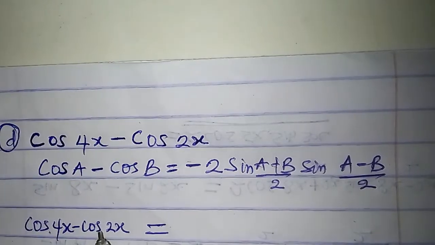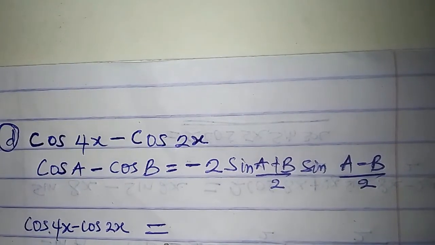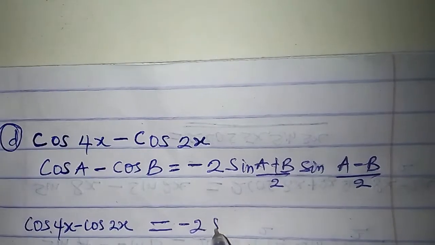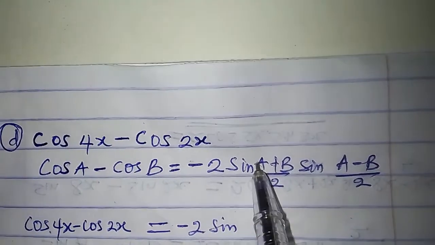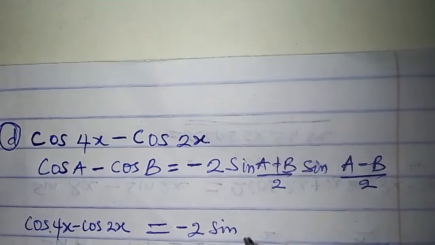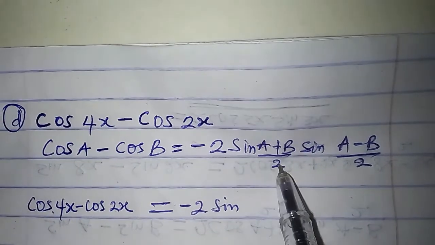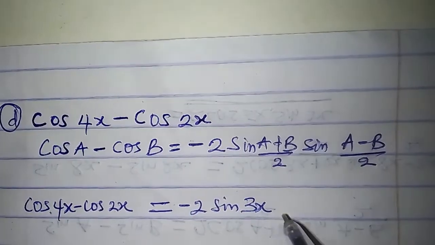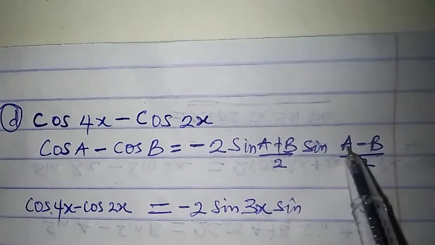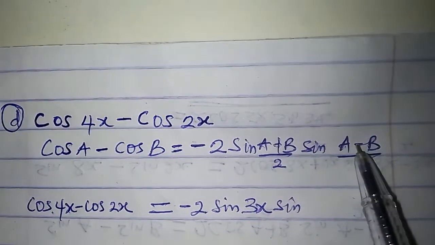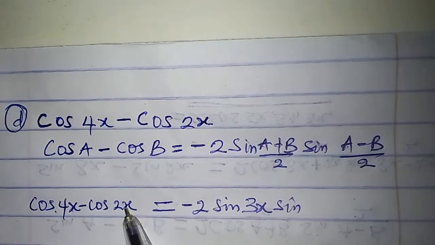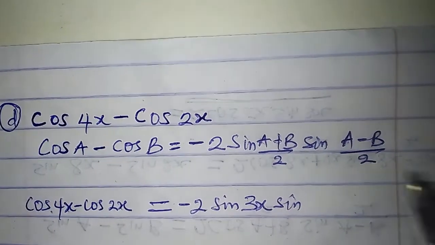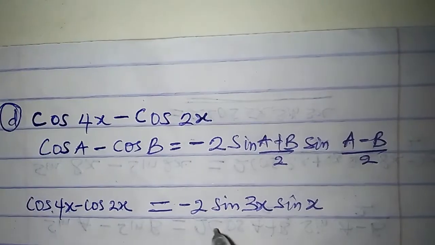Cos 4x minus cos 2x is equal to minus 2 sine, 4x plus 2x is 6x, 6x divided by 2, that's 3x. Sine, 4x minus 2x is 2x, 2x divided by 2 is x.